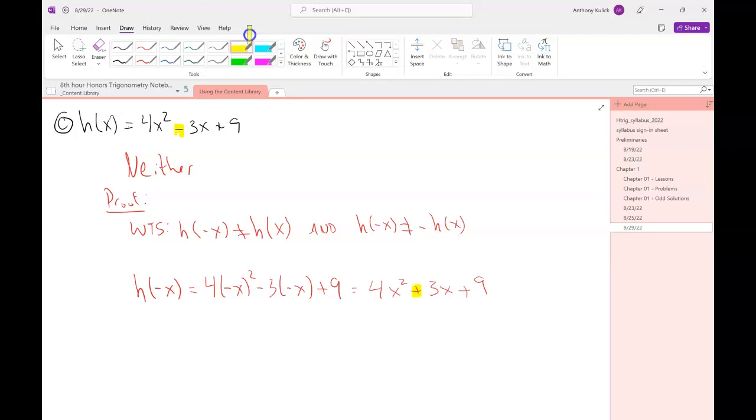So what can I say? Well, that's not h of x, so I know it's not even. Everybody agree with that? All right, let's check the odd. To check if it's odd, I'm going to factor out a negative sign.